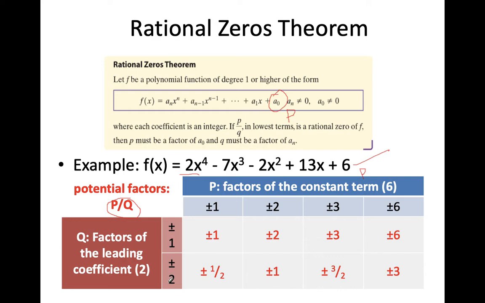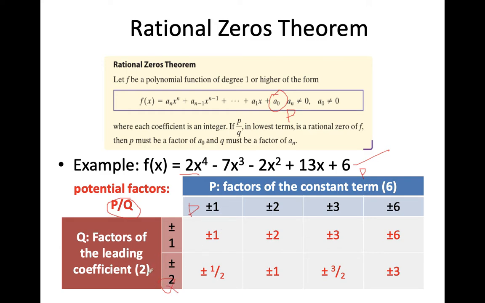Now if we want to write the p by q form, this whole line is p and this is the q line.